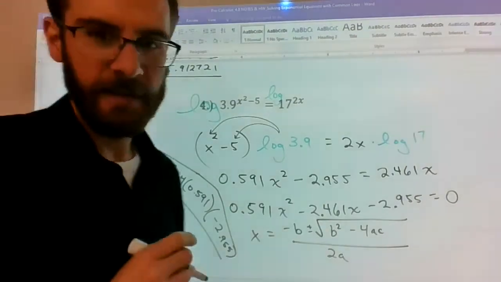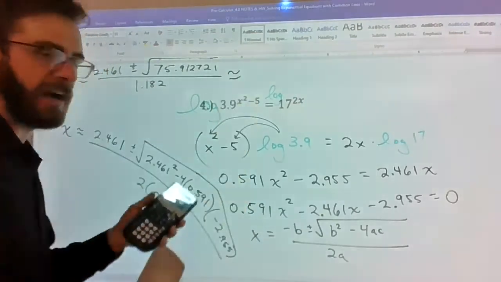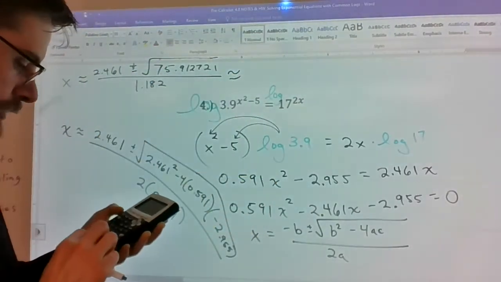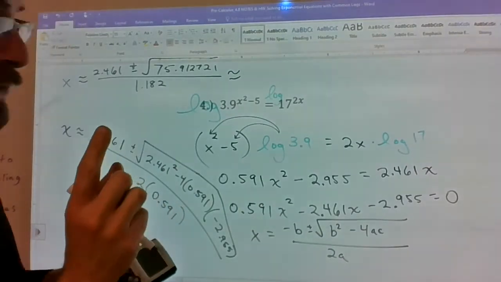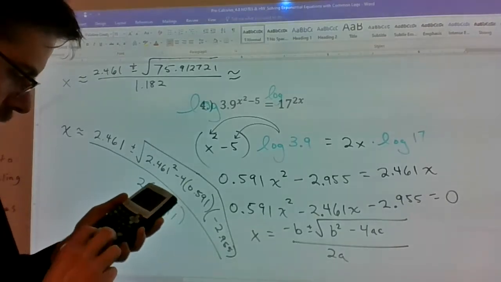Okay, so painstakingly difficult computations, but I have a computational computer, so that's not a big deal. 2.461, now we'll do the plus first, plus that square root.